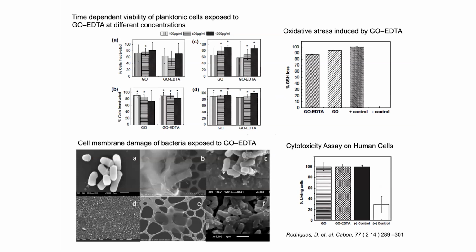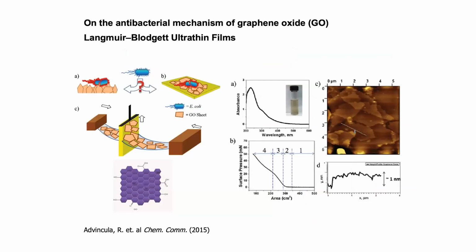Here we can see that cell inactivation is displayed both on the graphene oxide and the EDTA graphene oxide test. However, its cytotoxicity against human cells, like the previous example, was shown to give high survivability.